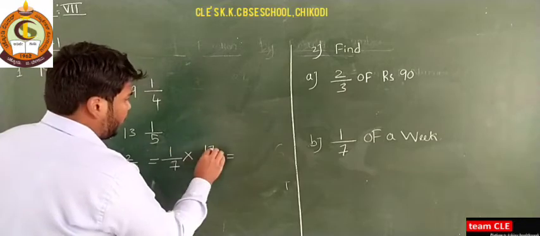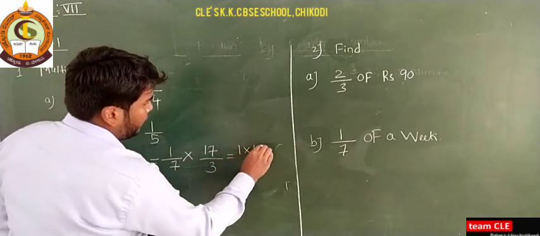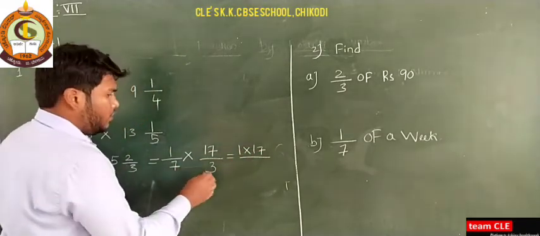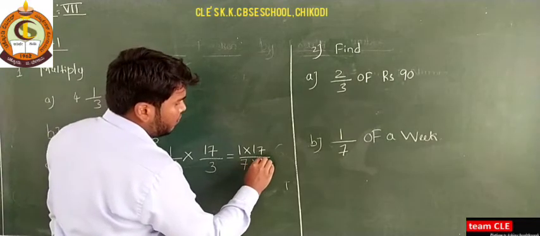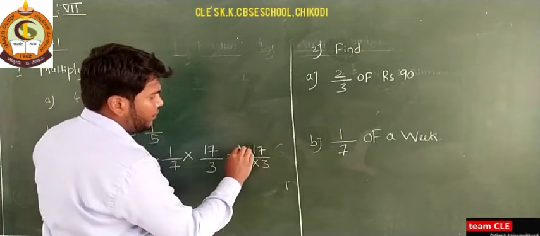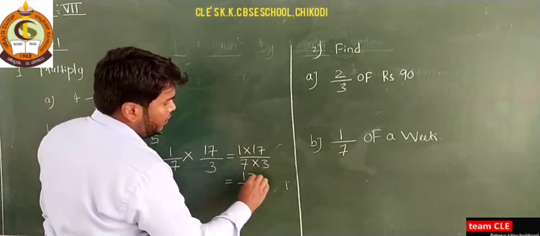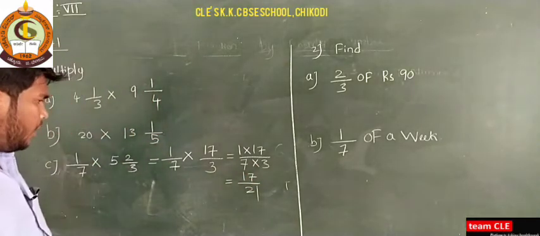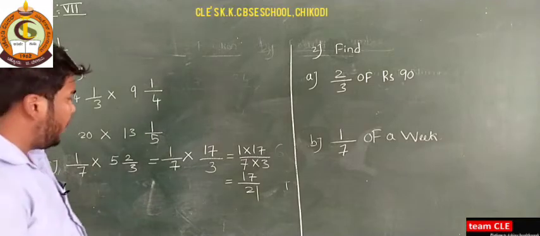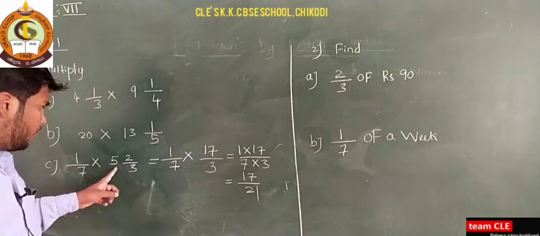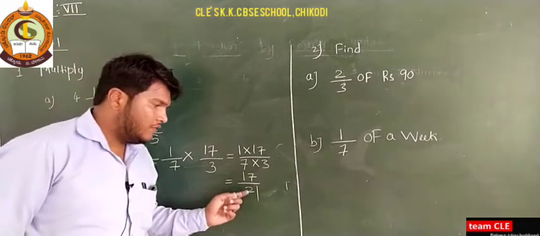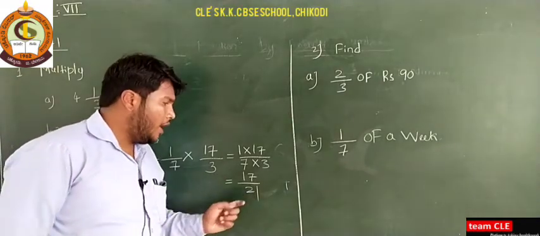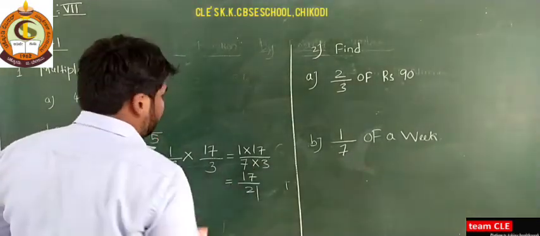So now multiply 1 into 17 whole divided by 7 into 3, that is 17 ones are 17 and 7 3s are 21. So 17 by 21 is your required answer. If you multiply 1 by 7 into 5 integer 2 by 3, the answer you get is 17 by 21. So please note down this problem.